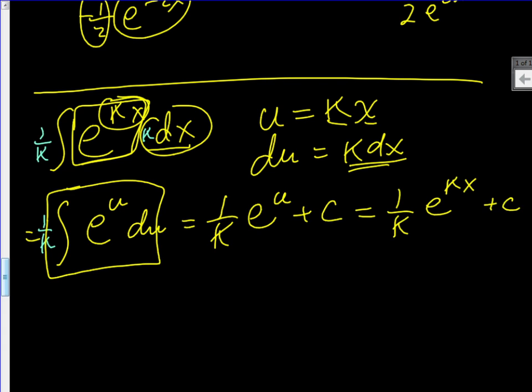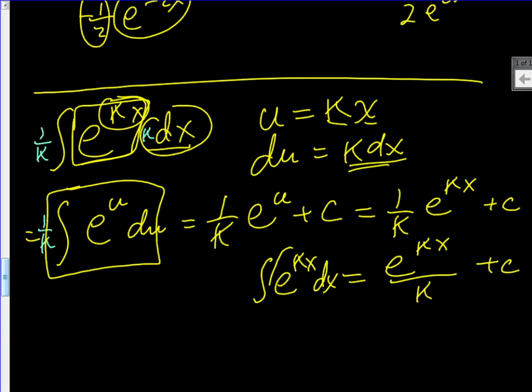So you can think of it like that, or you can think of, instead of multiplying by 1 over k, you can divide by the reciprocal of 1 over k, which is k. Let's have the original integral in front of us.